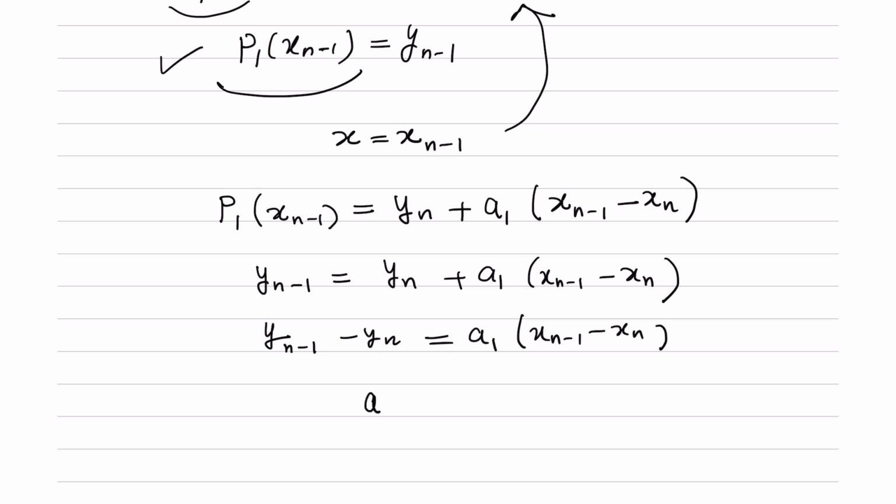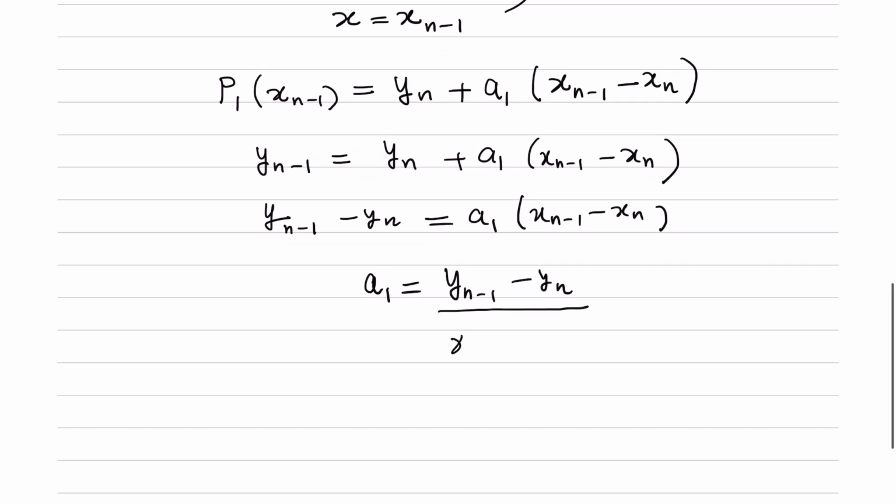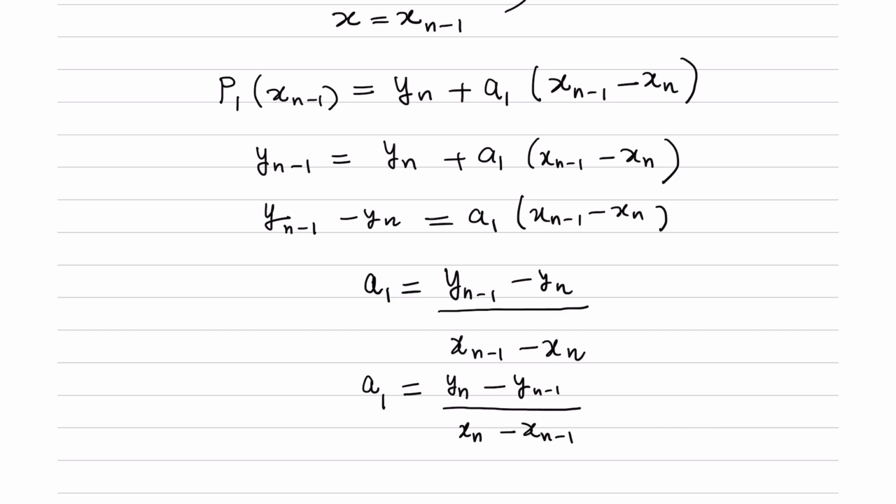So a1 equals yn minus 1 minus yn divided by xn minus 1 minus xn, or taking minus common from both numerator and denominator, a1 equals yn minus yn minus 1 divided by xn minus xn minus 1.